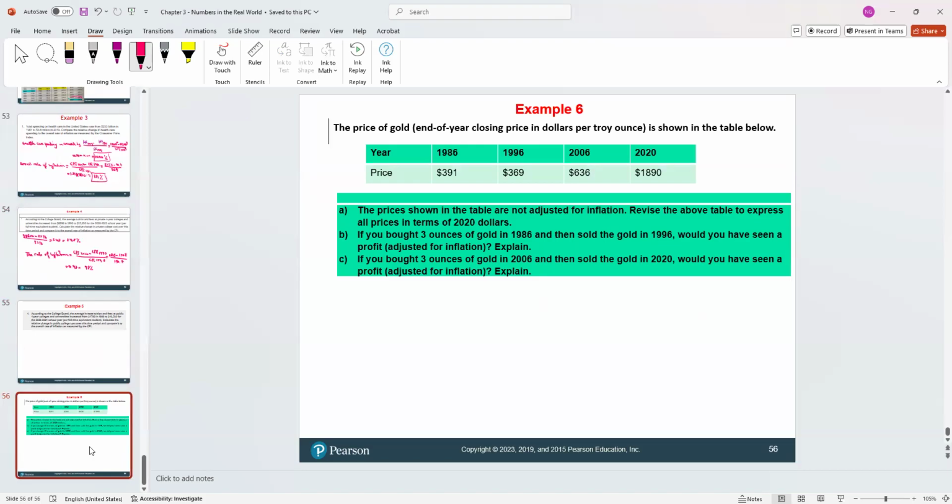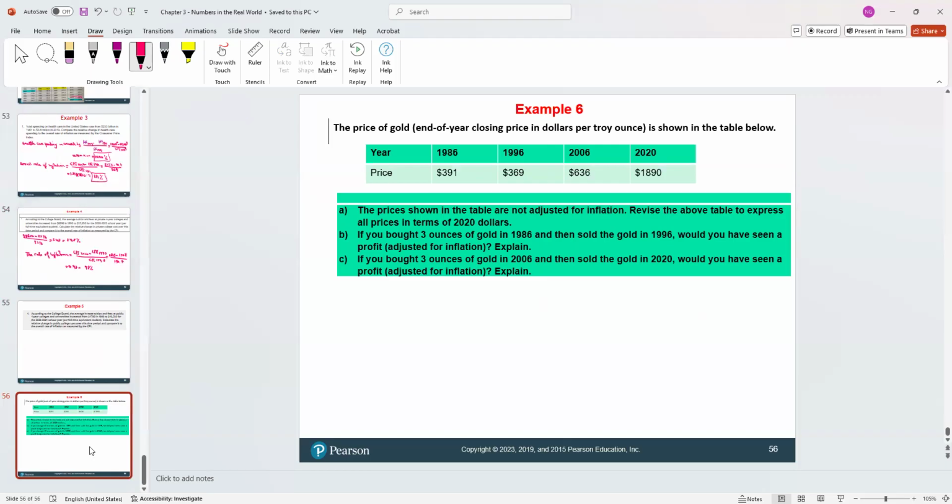So now, during these examples, where they give us the price of gold, the end of year closing price in dollars per troy ounce is shown in this table. So this is the price of gold. We have a lot of these.